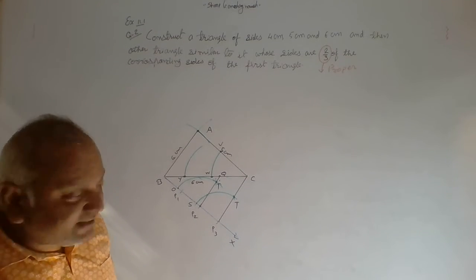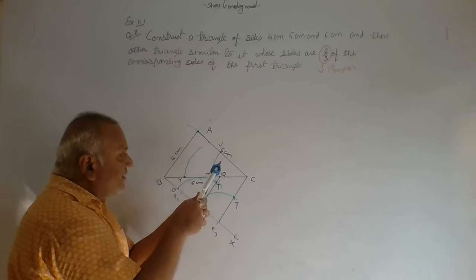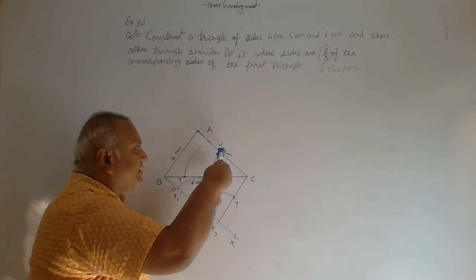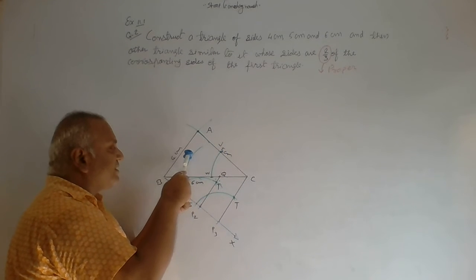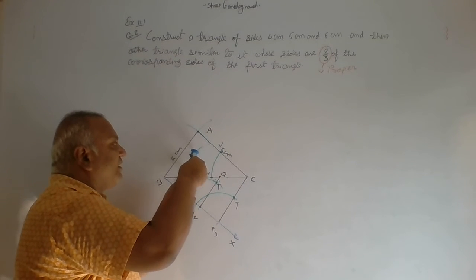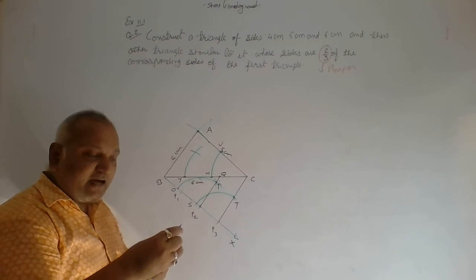Now we have to take the measurement of the width of WV. So this is W and this is V. This much exact measurement we have to consider, and from Y we have to cut it. So I have cut this arc.